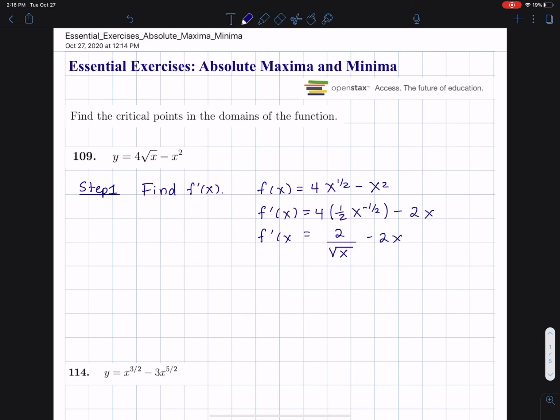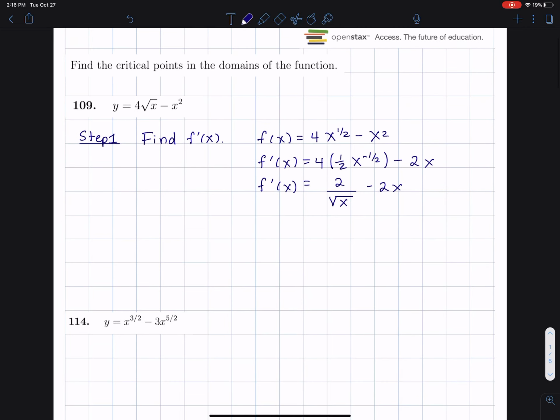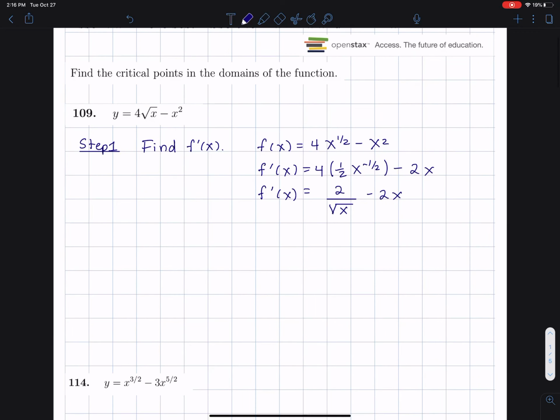The next step is to ask ourselves, are there any numbers that are not in the domain of f prime? In other words, f prime of that number is undefined. That makes a critical number if that same number is in the domain of f.